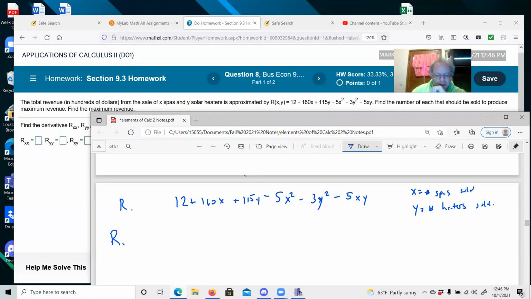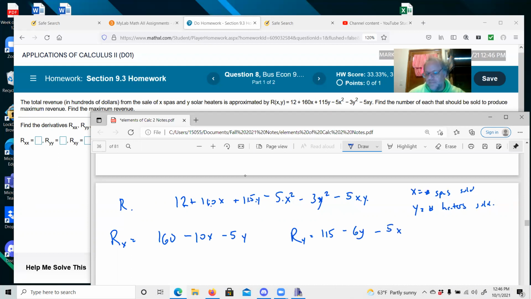Our partial derivative with respect to x: we get 160, 0 minus 10x minus 5y. For y, we get 115 because it's partial with respect to y, minus 6y minus 5x.